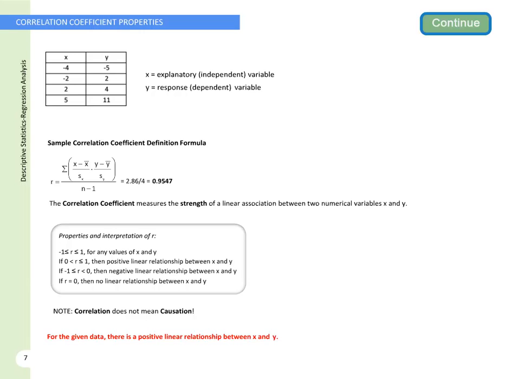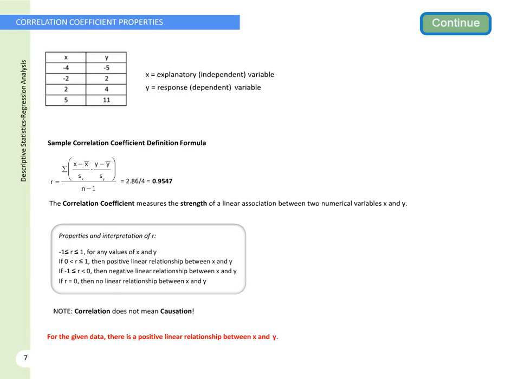If the value of r is positive, then between x and y there is a positive linear relationship. If the value of r is negative, then between x and y there is a negative linear relationship. A closer value of r to -1 or 1 means a stronger association between x and y. It can be visualized as points closer to a line.